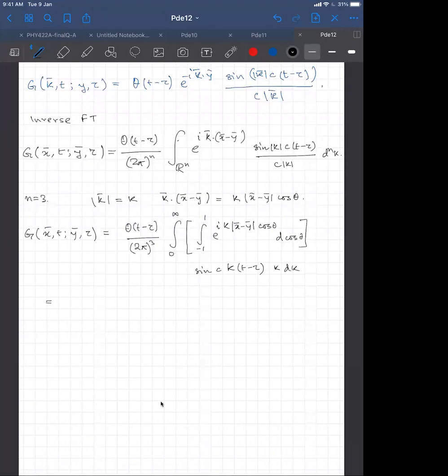You can write this as theta of t minus tau into 2 pi i c mod (x minus y). Let me write this down first and then I'll try and explain.